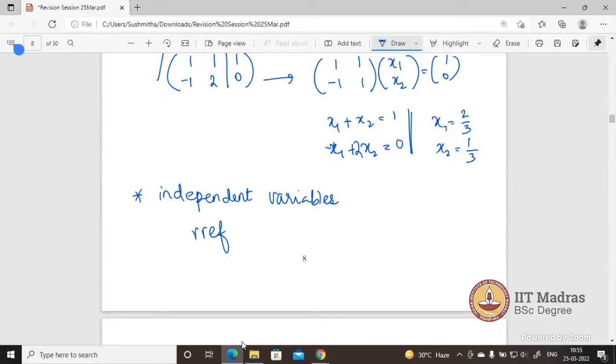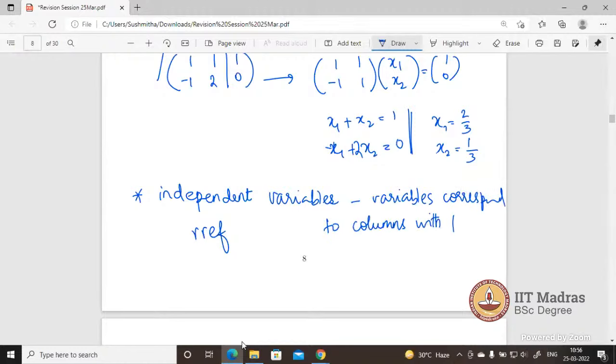Variables corresponding to columns without pivots are independent variables, and dependent if they correspond to pivots.